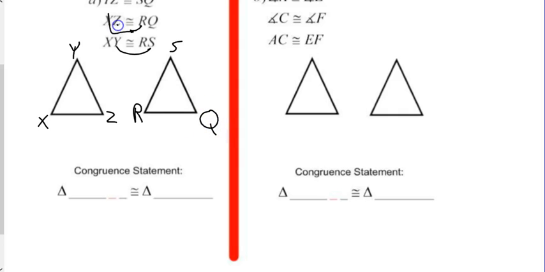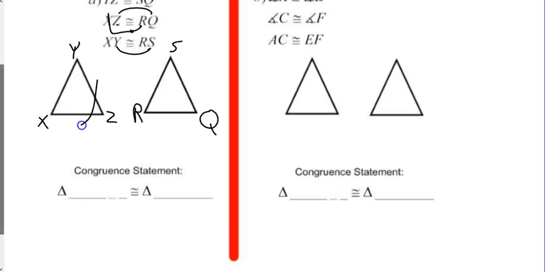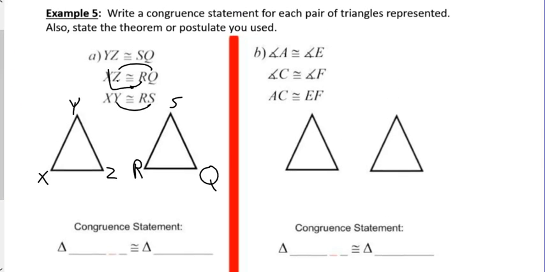And we can check that. It does. Now I'm going to mark it. YZ is congruent to SQ. XZ is congruent to RQ, and XY is congruent to RS. All right?